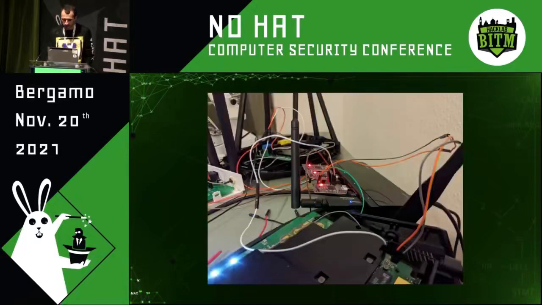So after all of that is done, what you have to do is to solder the stuff. You solder three wires, in this case, in the UART port of the router, and you solder three wires in the connector, and then you connect them both, and then you're ready to go.